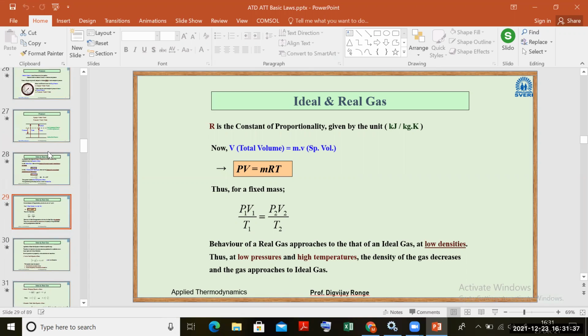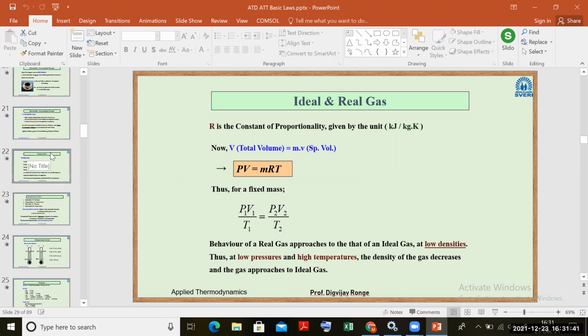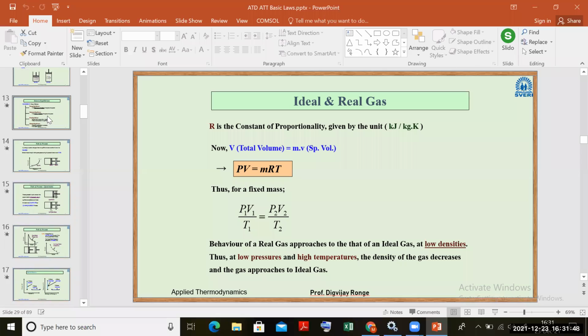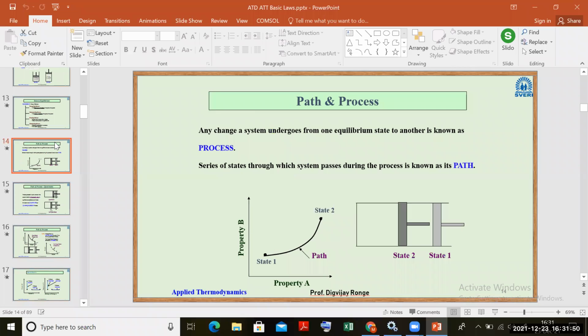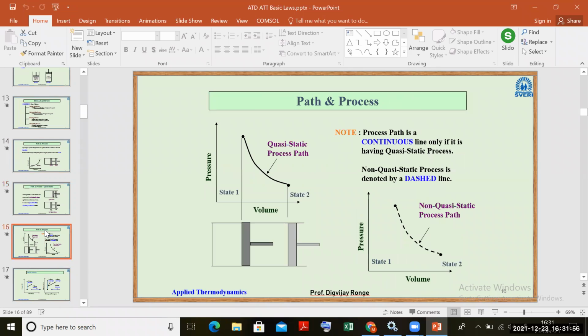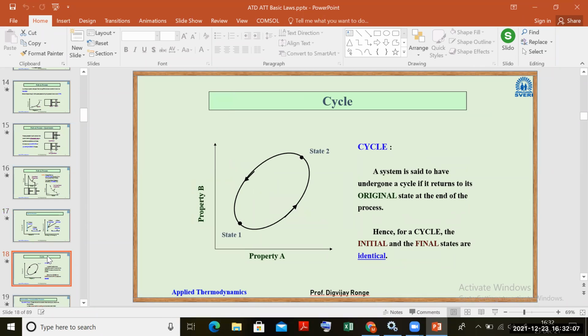So these are just basic concepts I am covering because they will lay the foundation for the subjects and chapters we will study in upcoming lectures, right? So today we have seen path and process. In that we have studied quasi-static and non-quasi-static processes. Then we have seen processes like isochoric, isobaric, isothermal, isenthalpic, isentropic, etc. We have seen a cycle, right?